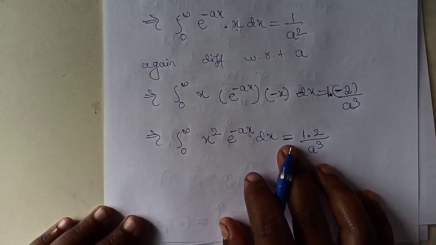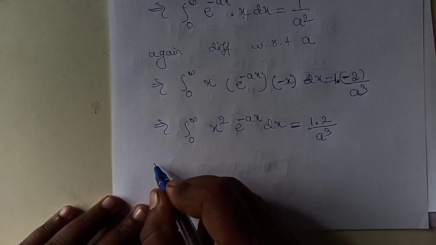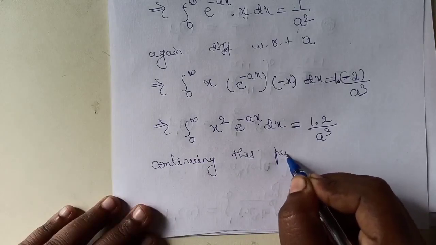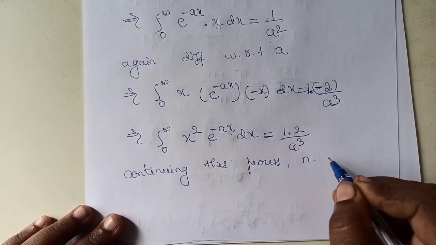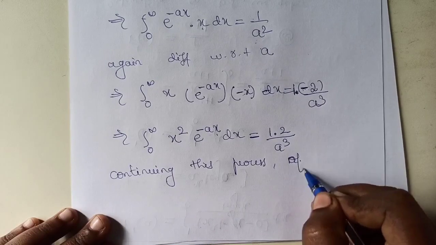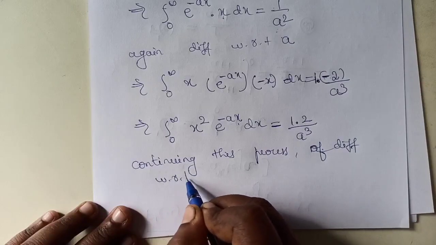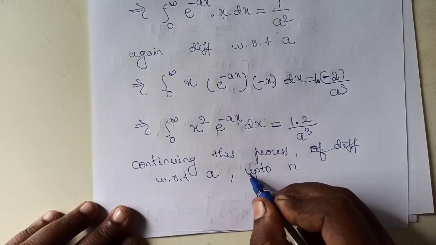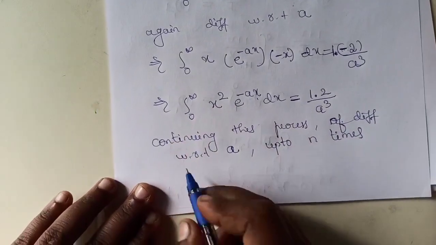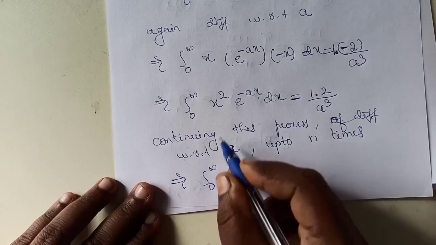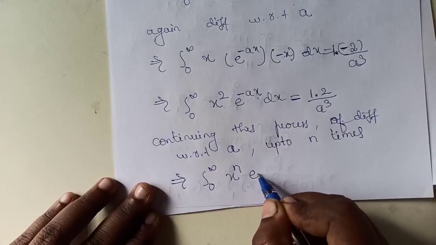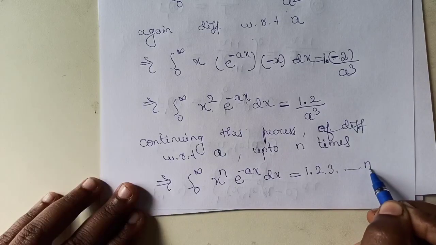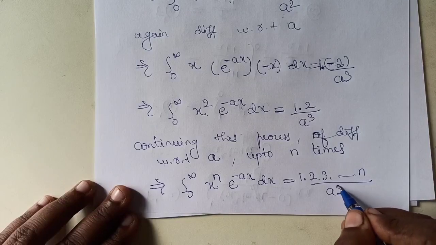Now keep on continuing this procedure up to n steps, that is continuing this process of differentiation with respect to a up to n times, we get integral 0 to infinity x raised to n e raised to minus ax dx equals 1, 2, 3 up to n, over a power n plus 1.